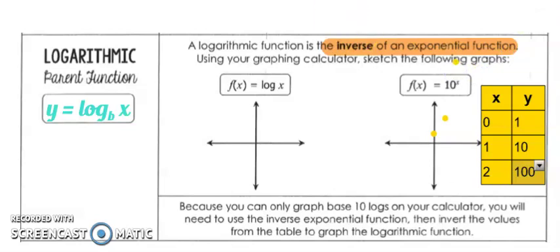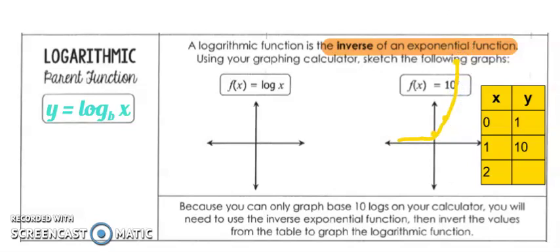So if I were to connect these points, let me grab my pen here, the graph would look something like this. Alright, let's see if I can get this. And there's our exponential. Okay, so again, this is something that we've talked about in the past.